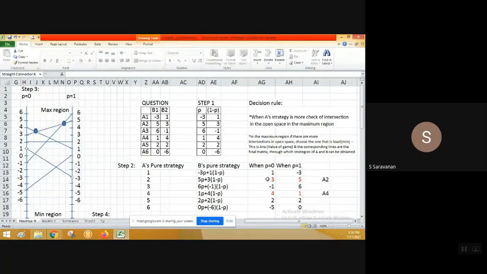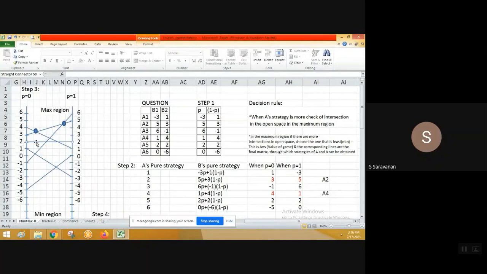Then the second one is 3 connected with 5. You can see here 3 is now connected with 5, this specific line. Then minus 1 connected with 6. Then 4 connected with 1. Then 2 with 2, this is that line.